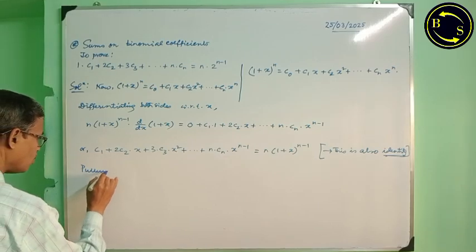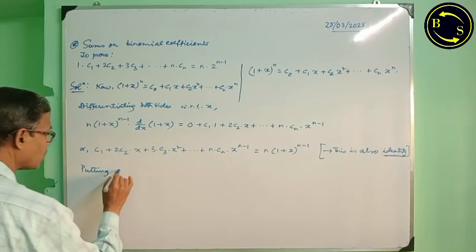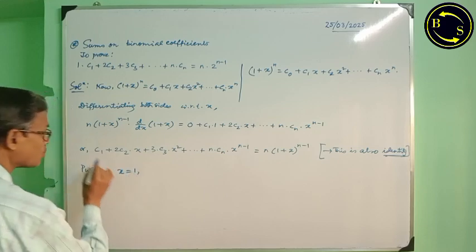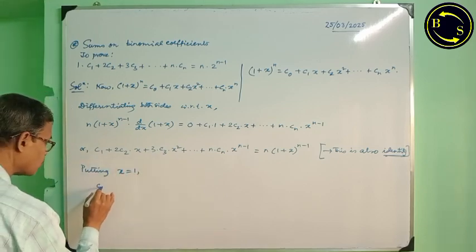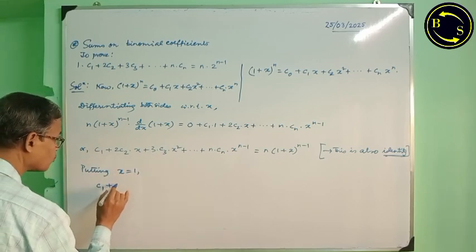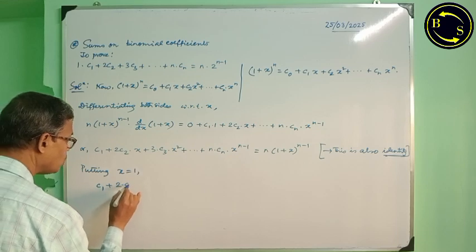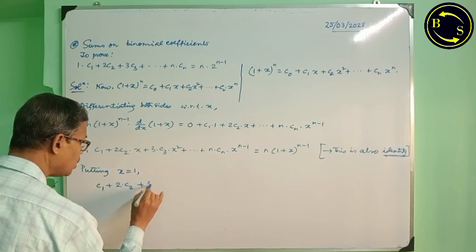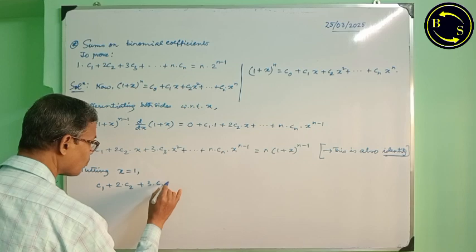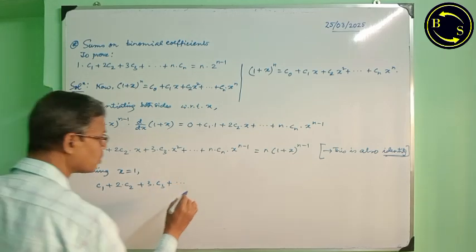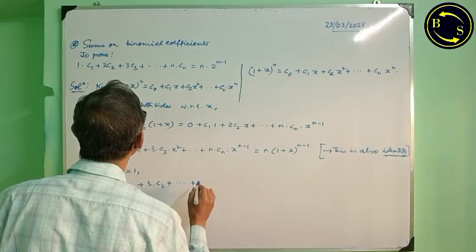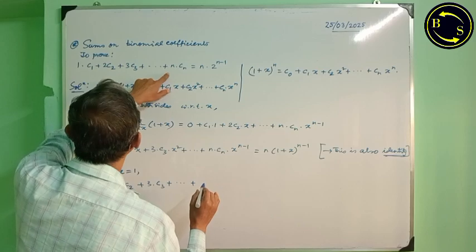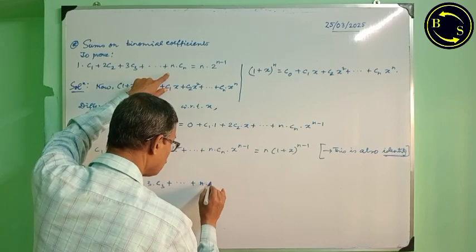Putting x equal to 1, left hand side becomes C1 plus 2 into C2 plus 3 into C3 plus dot dot dot plus n into Cn.